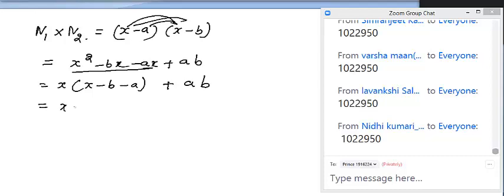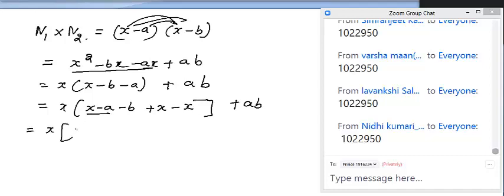Now see, I have x minus a, minus b. So student, what I am going to do here is add 1x and subtract 1x. Why am I doing this? Just see it.